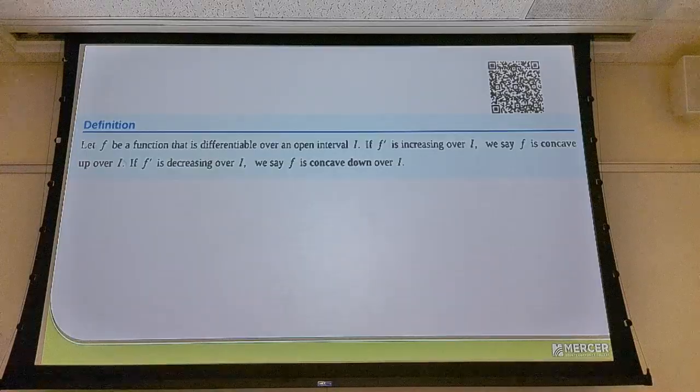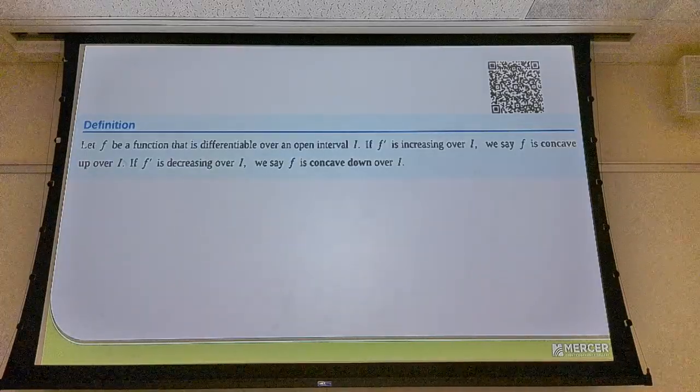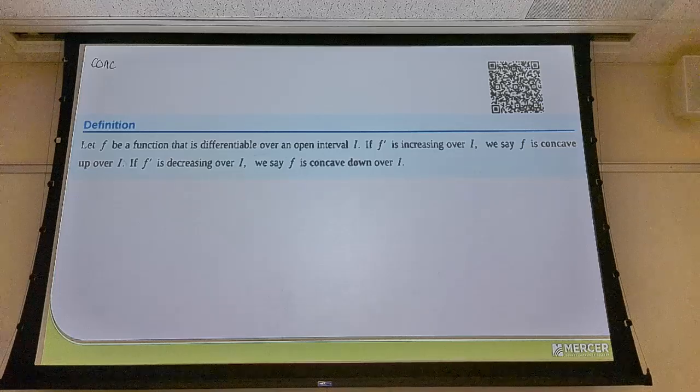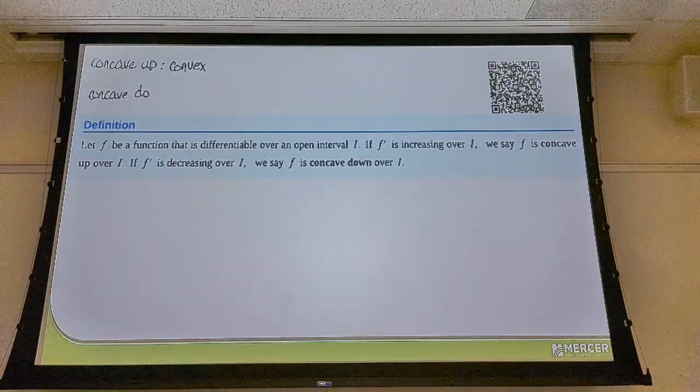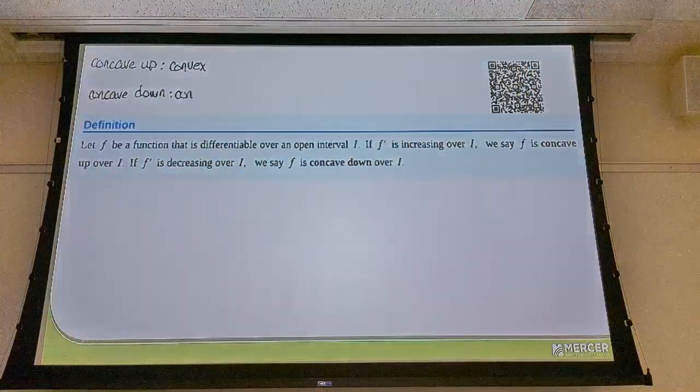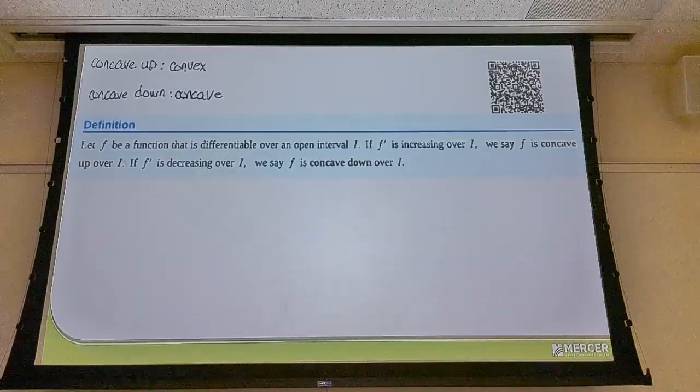I'm not a huge fan of that terminology. I like convex and concave better. And so concave up is convex, concave down is just concave.